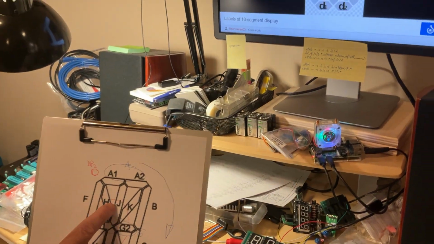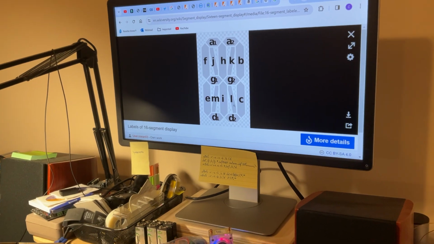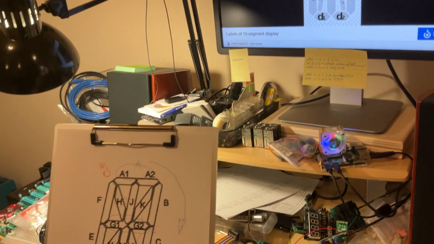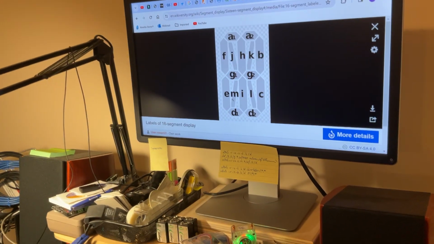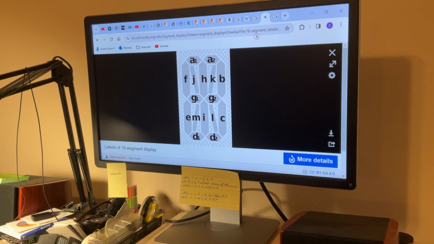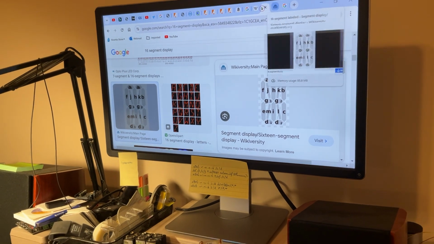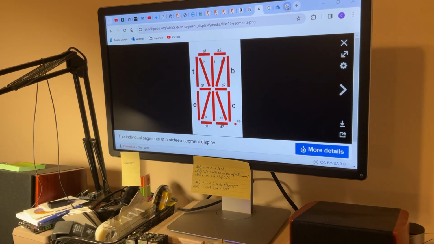Instead of having the H like mine, they have J, and then they have H, and then they have K. And in the bottom here, they have L like mine, but then they have I, and then they have M, okay? So it doesn't look like mine, but it doesn't look like the previous one either, okay?